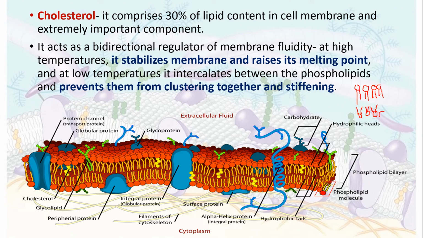These are the phospholipid molecules which form the cell membrane. And when the temperature rises, their movement increases and they try to go far away, which raises the fluidity of the cell membrane.